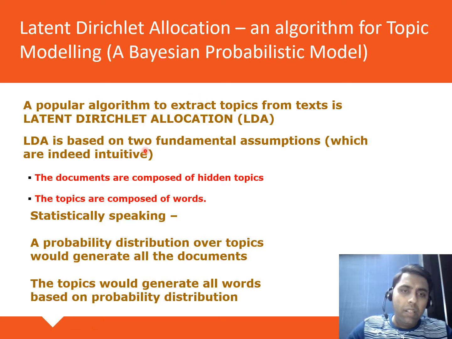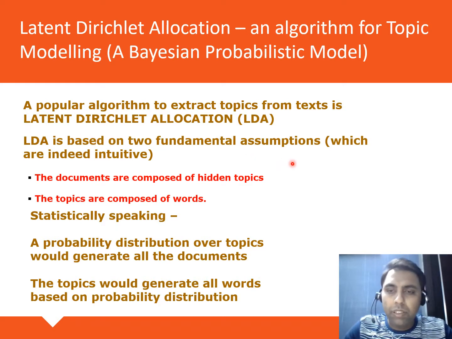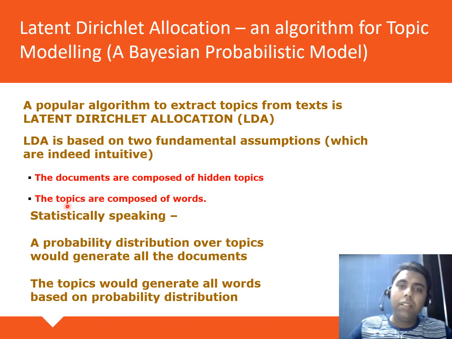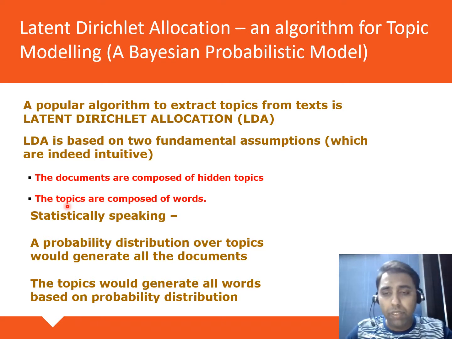As I was saying, LDA is based on two fundamental assumptions, and these are very intuitive. They are not assumptions that will make you think a lot, because it's kind of a no-brainer. The assumptions are that documents are composed of hidden topics, so the text data you are dealing with will consist of different hidden topics.